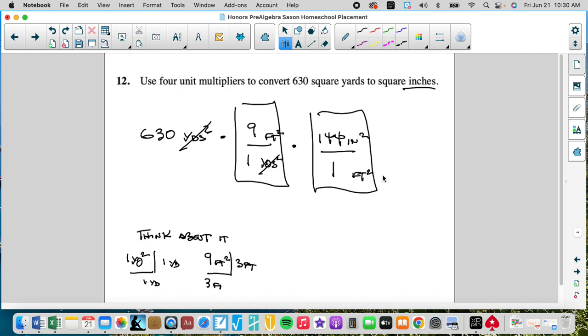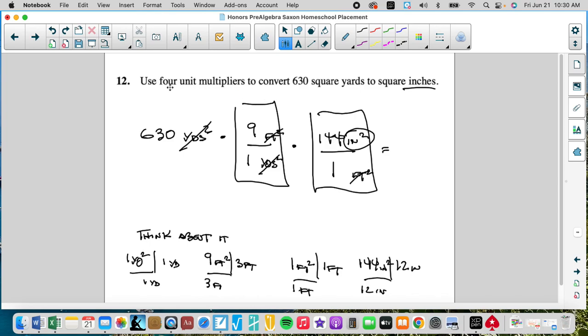It's a 2-dimensional increase. Think about it. If you have 1 foot by 1 foot, that creates 1 square foot, and we know that 12 inches is equal to a foot, and we would have to convert both sides of that, so we get 144 square inches. Okay, that cancels the foot. Now we're in inches squared, and then we do 630 times 9 times 144.